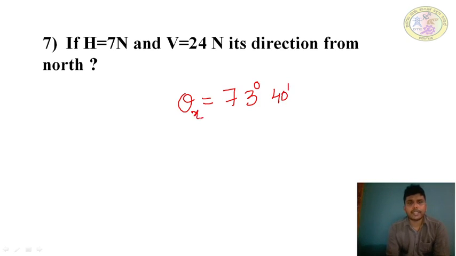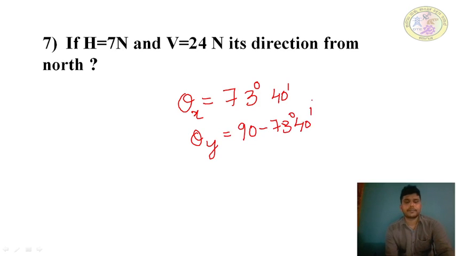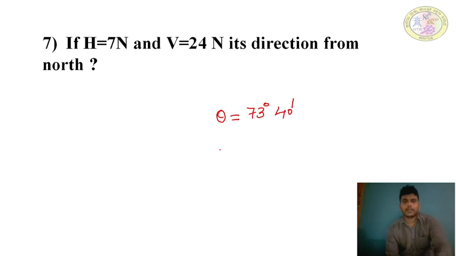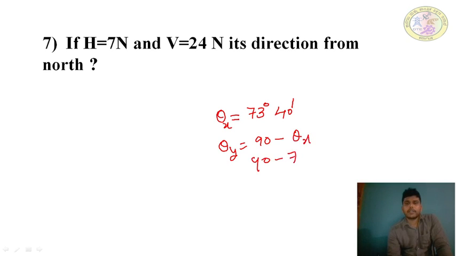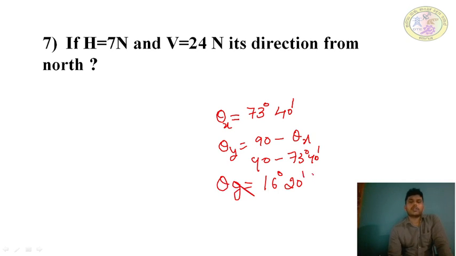This is with respect to x, but we need theta with respect to y. Theta x is 73 degree 40 minutes. Now theta y, which is 90 minus theta x, that is 90 minus 73 degree 40 minutes. It will be around 16 degree 20 minutes. Theta y with respect to north is 16 degree 20 minutes.